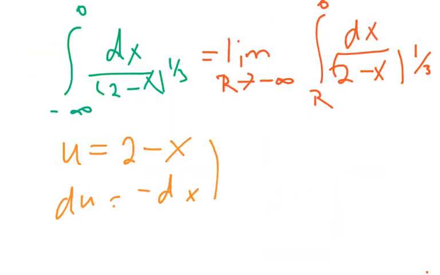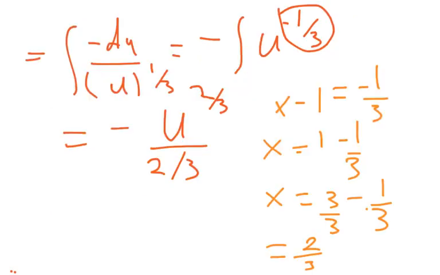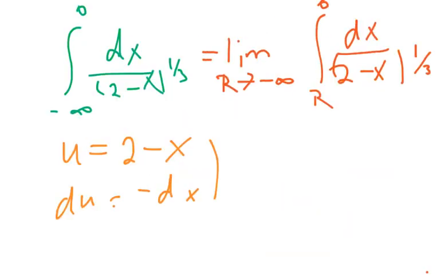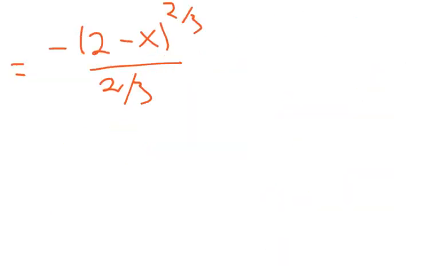Let's make sure everything is just fine, and the bounds are from r to 0. So we are going to rewrite that as the limit as r approaches minus infinity, from r to 0.